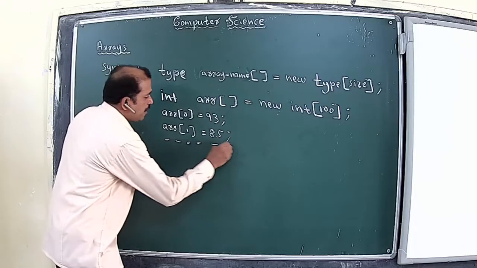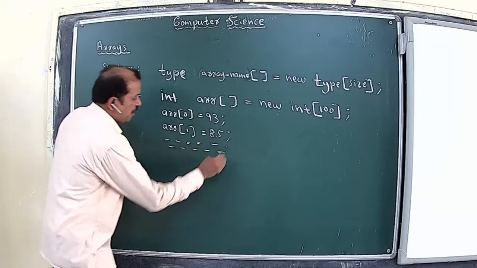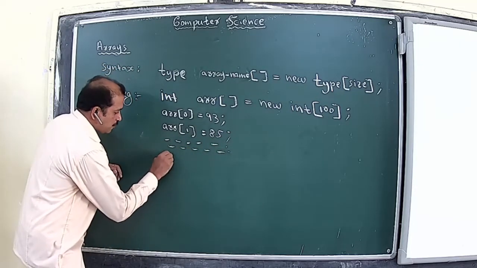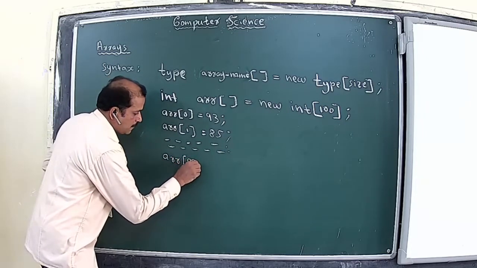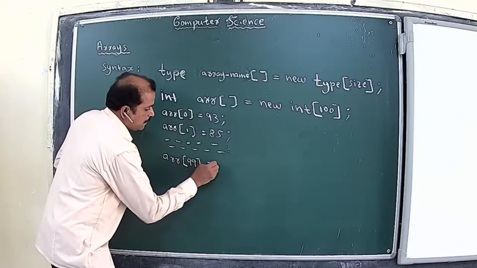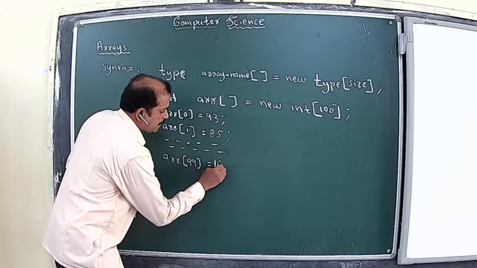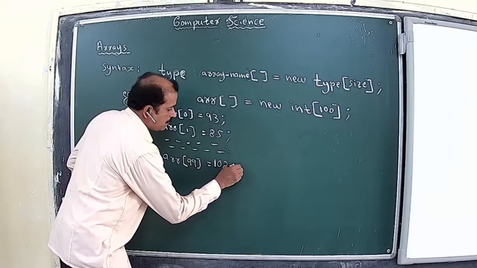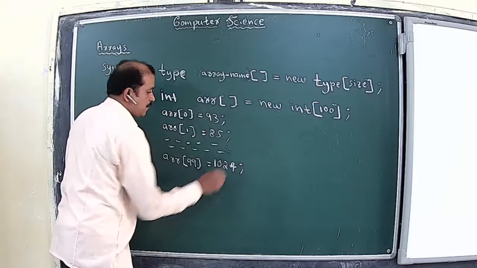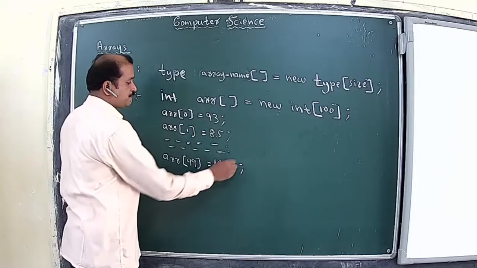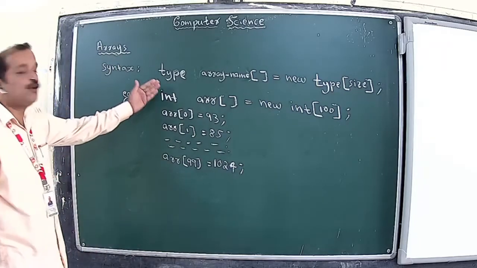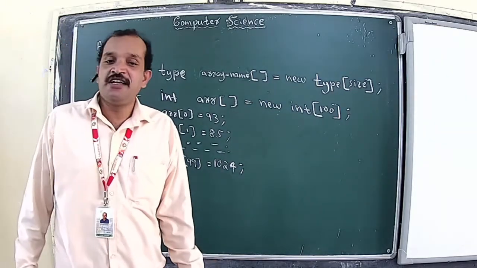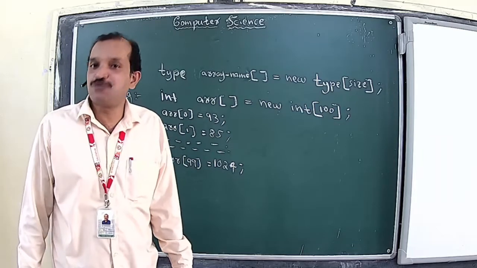And similarly, up to 99, you will be able to store values. All right, this is how the various elements of the array can be accessed individually.